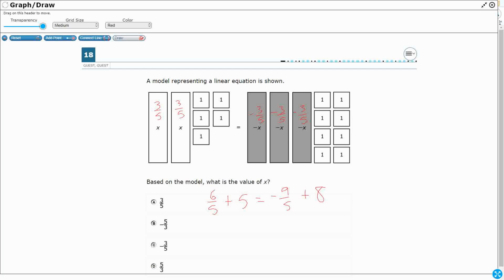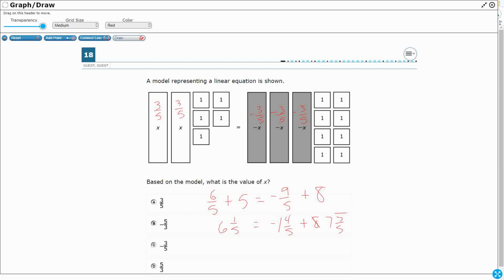So this 6/5 is going to be 1 1/5, so that's going to end up being 6 1/5. And the right side is going to end up being negative 1 4/5 plus 8. And so if we take that away, that's going to be 7 5/5.